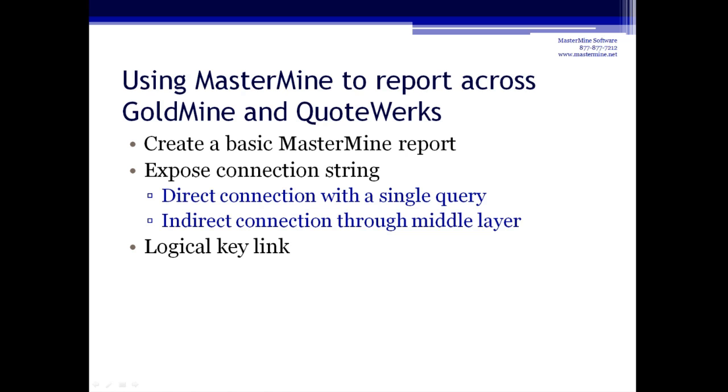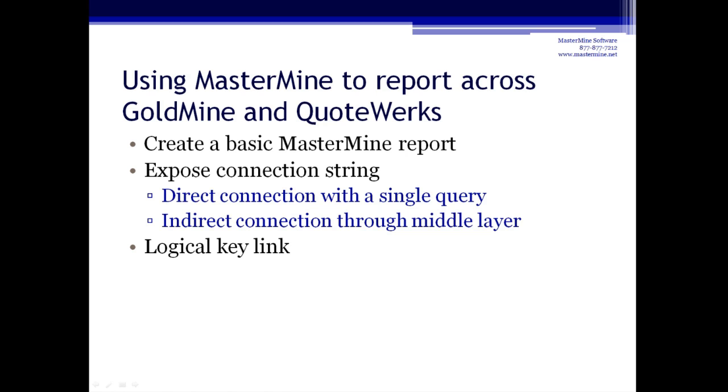There are really two basic types of connection that you might have out to the additional data. One would be what I call a direct connection, which would mean you have a single connection to a database server such as SQL Server, which is typically where GoldMine is, and if the second database that you're adding in, whether it's Macola or Mass90 or QuoteWerks or whatever, is also a SQL database and it's on the same SQL server, then you literally only have one login that needs to happen when the report runs, and so you essentially can have that query run straight out to that server and query information across the different databases.